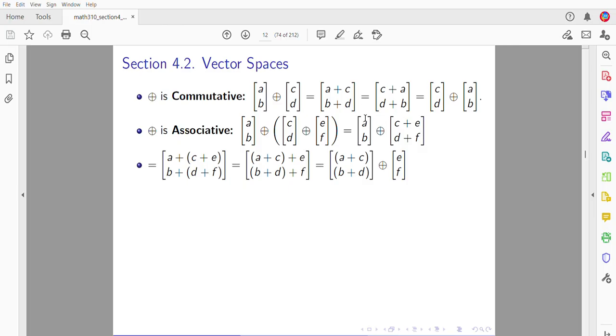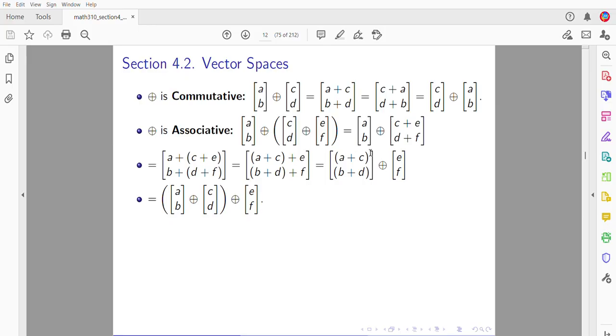Add a to the first entry, add b to the second entry. So you see, first entry and second entry have been kept in parentheses. You are adding a later, b later. Now parentheses can move: (a + c) + e, (b + d) + f. Now you are able to split this across ⊕ (e, f).